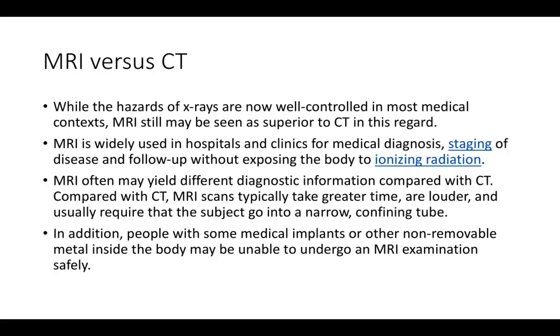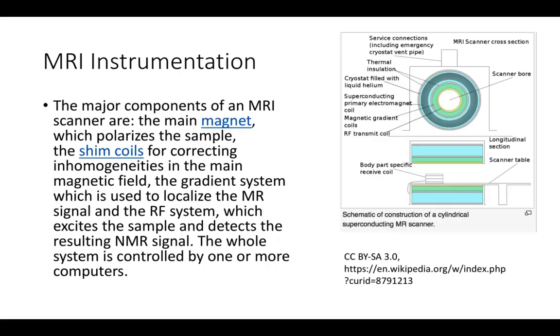It can yield different diagnostic information when compared with CT. However, it tends to take a lot longer. It tends to be a lot louder, and it typically requires that the subject goes into a narrow confining tube. Additionally, if people have medical implants or medical devices, or other non-removable metal in the body, they may not be able to undergo an MRI exam safely. And we'll mention this a little more later in the lecture.